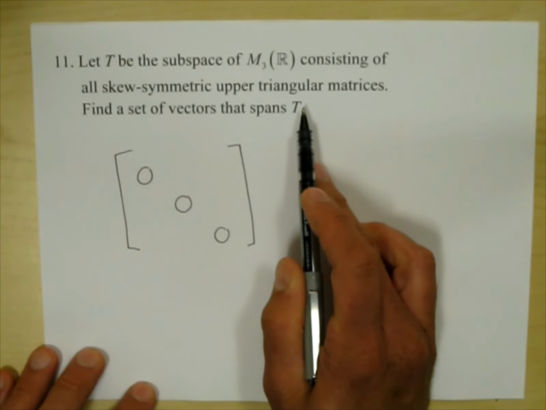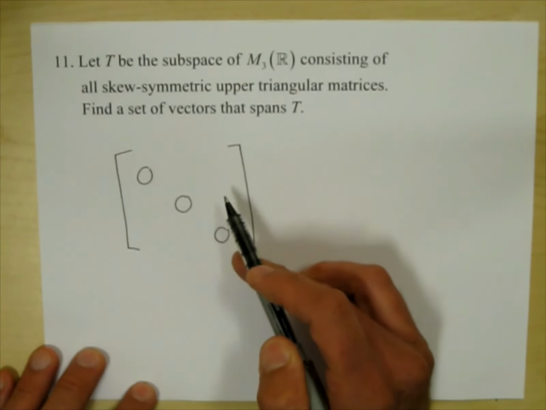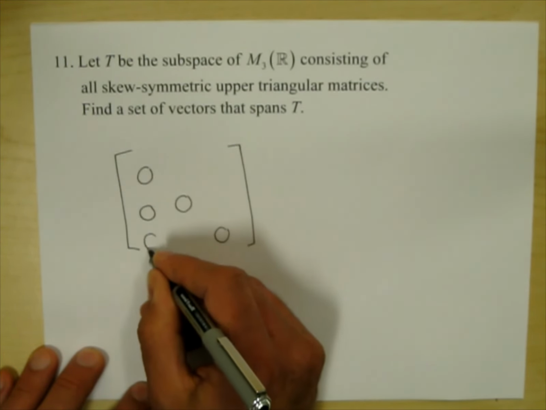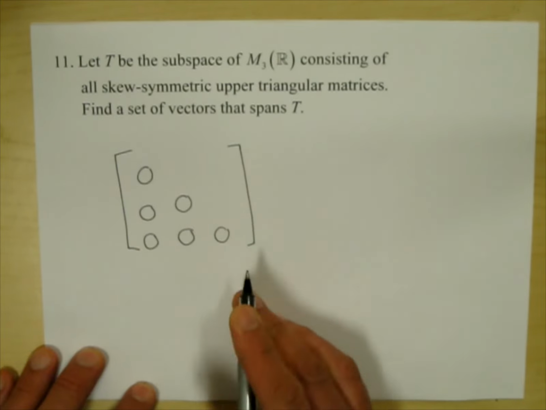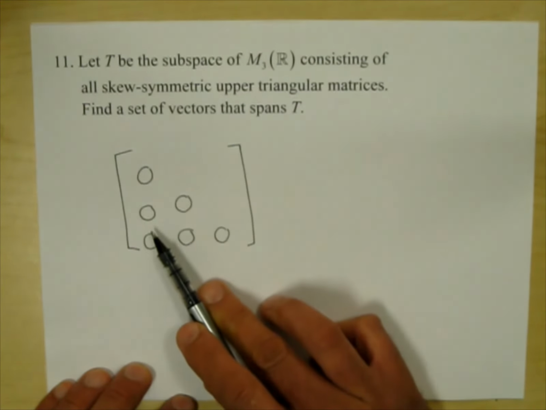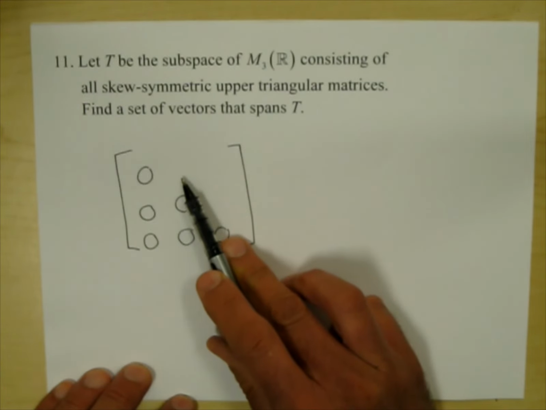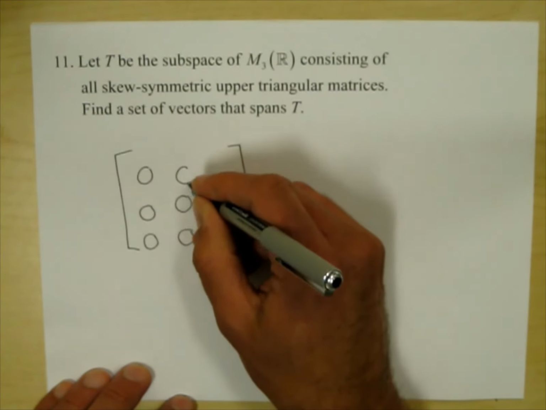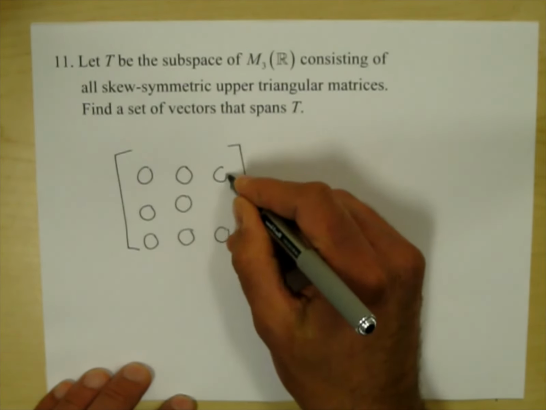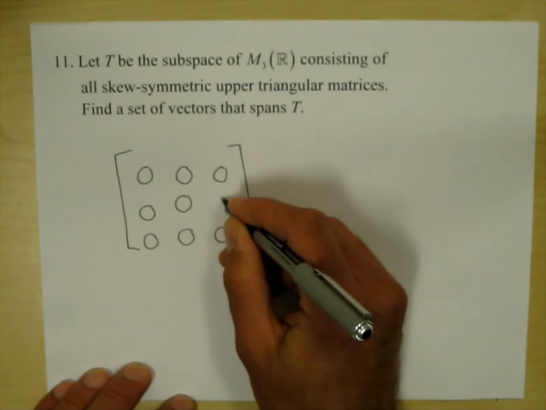Upper triangular means all the data is in the upper triangle, so the lower triangle is going to have zeros. But remember, it did say it was skew-symmetric, so whatever's here, the opposite of that number has to be there. So the opposite of 0 is 0, the opposite of this 0 is 0, and the opposite of this 0 is 0.